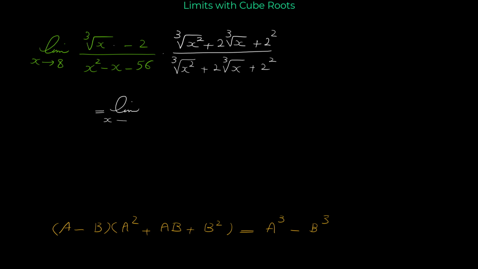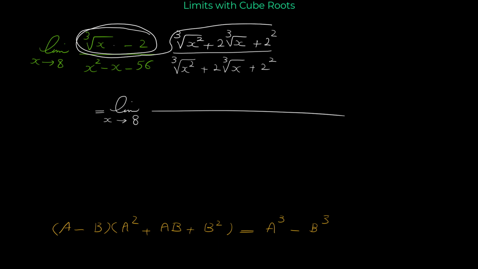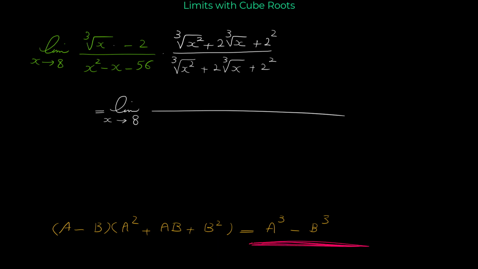By doing this, we can get rid of the cube root from the numerator. When we multiply a minus b by a to the 2 plus ab plus b to the 2, the result is a to the 3 minus b to the 3.